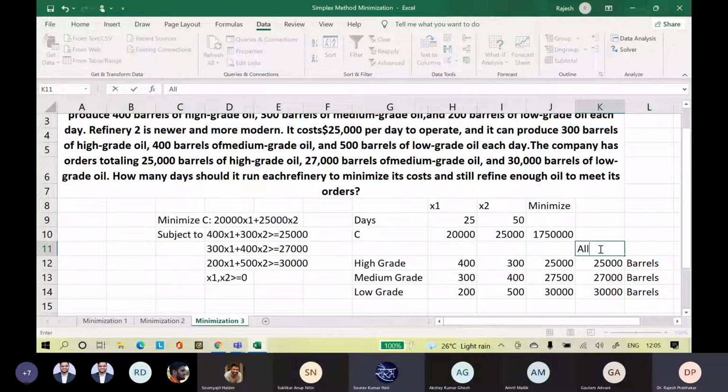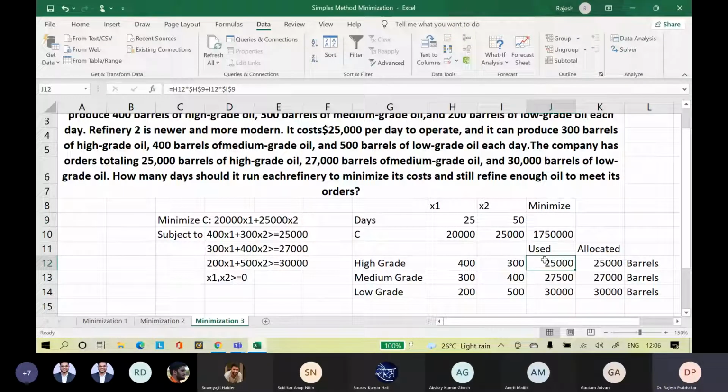See, this is your allocated demand, used for computing the maximum. How much is it using? It is using 25,000, 27,000 is using 500 more, and 30,000 is keeping it more, and then it is minimizing the cost. So this is the actual production we have to do to get this cost for this many days. Got it, sir.